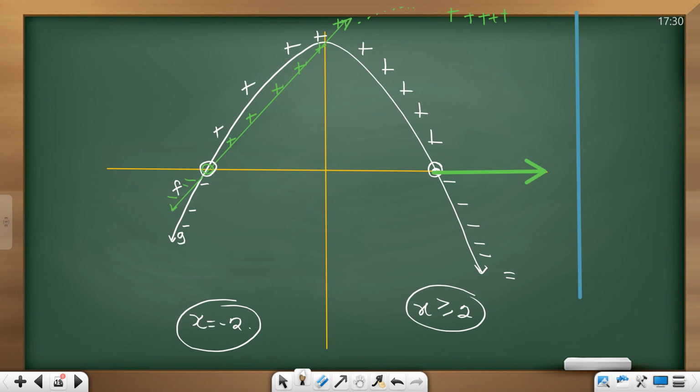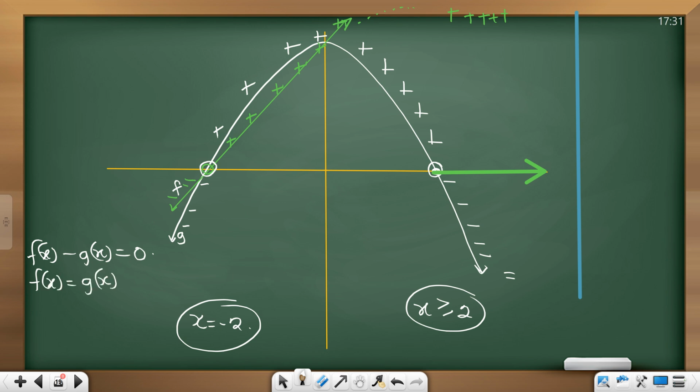f of x below g of x. f of x multiplied by g of x. What if the examiner does this, f of x minus g of x? Let's try to solve. What is this going to be?